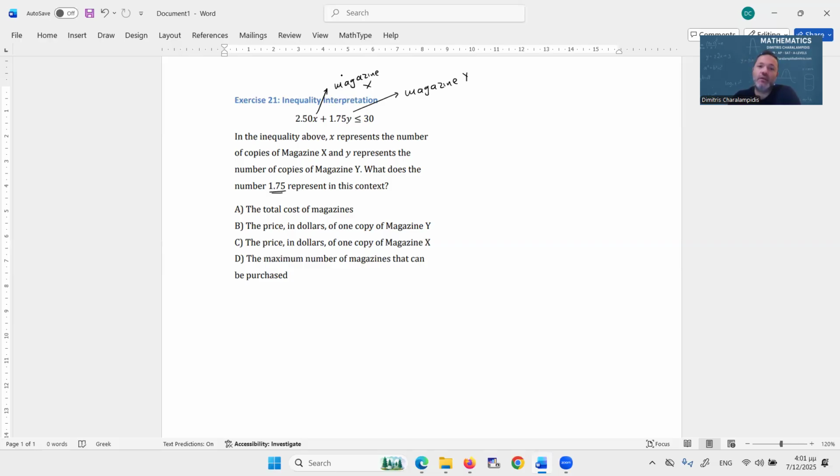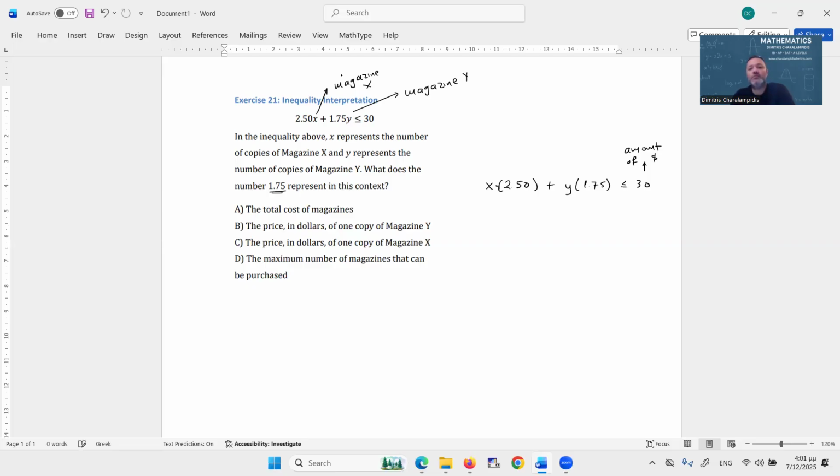So we have the number of magazines X multiplied by 2.5, plus the number of copies of the second magazine Y multiplied by 1.75, and that should be less than or equal to 30. So it seems that 30 is the amount of, let's say, dollars.